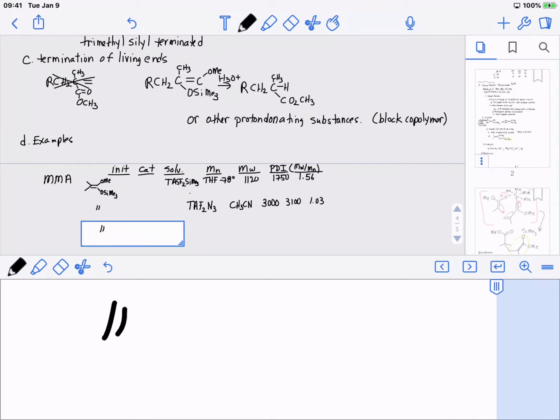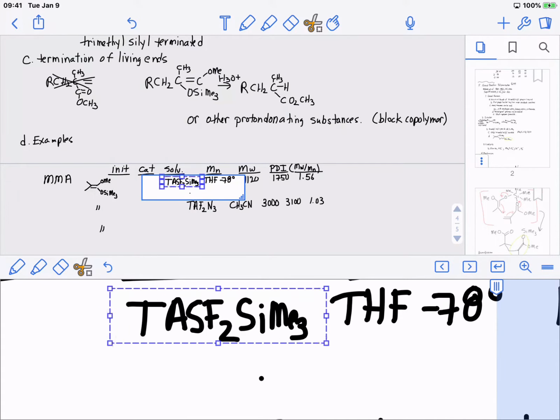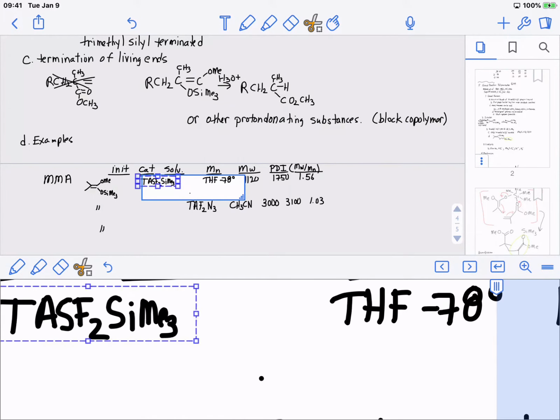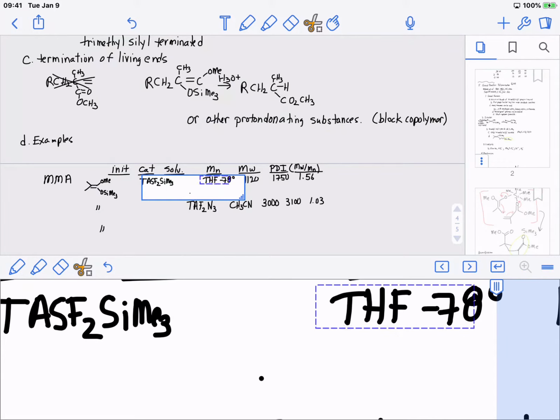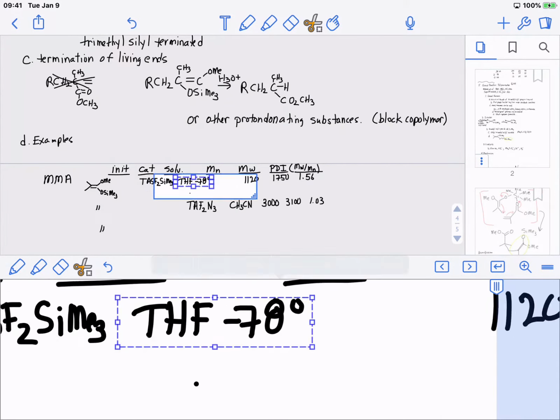Same catalyst, same initiator. Oh, I'm obviously off by one, am I not? Okay, let me straighten this out. It's hard sometimes to keep registry on the iPad. There's solvent.